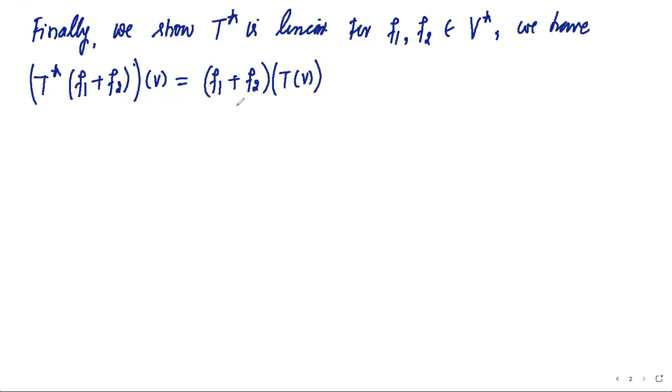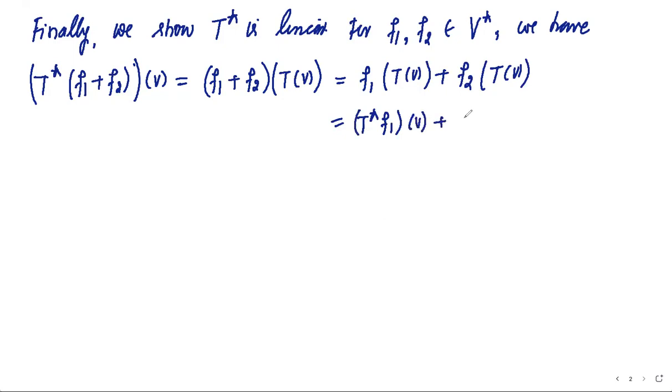And this is from the definition of how we have defined the mapping T star of f. But now since this f1 plus f2 is linear, this can be written as f1 of T of v plus f2 of T of v. But now by definition, the first one is equal to T star f1 of v, and the second one is T star f2 of v.